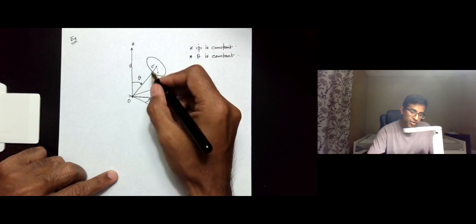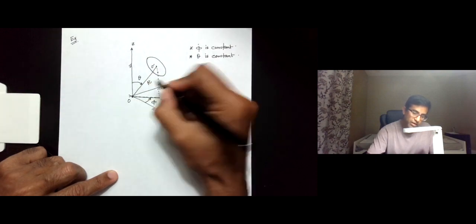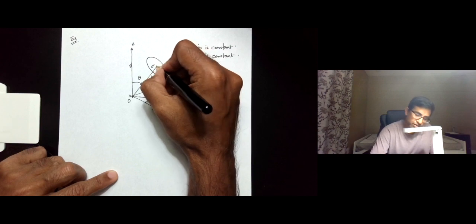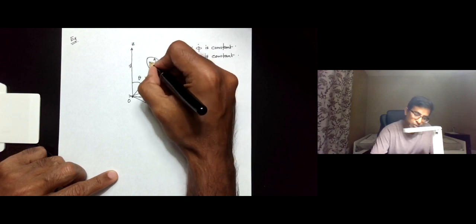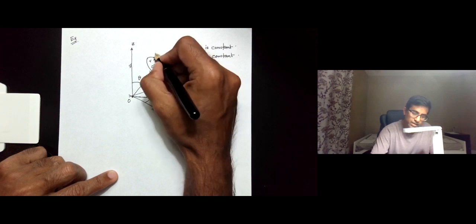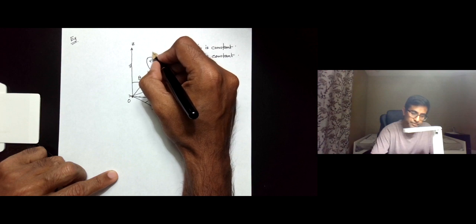The length of the rod from O to O prime is capital R, and the radius of the disc is small r, and at this point on the circumference of the disc there is a point P.